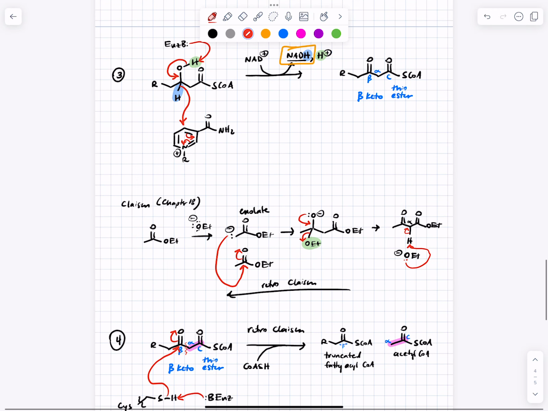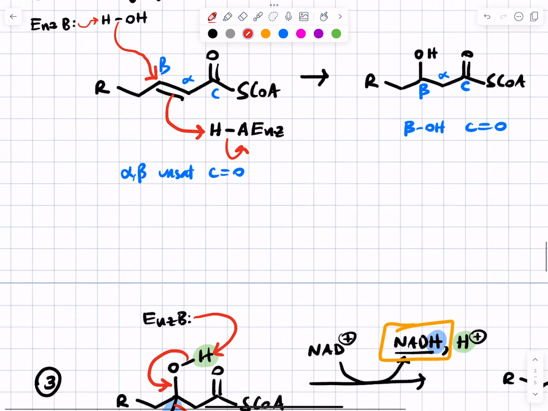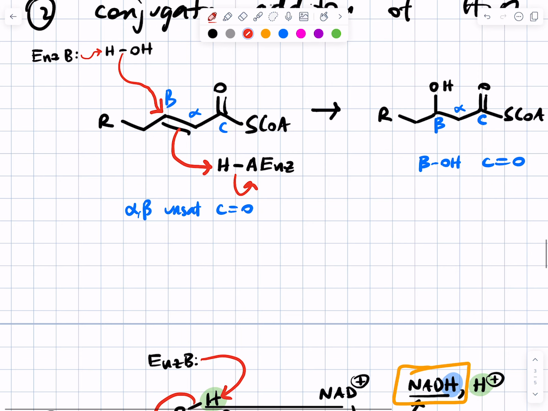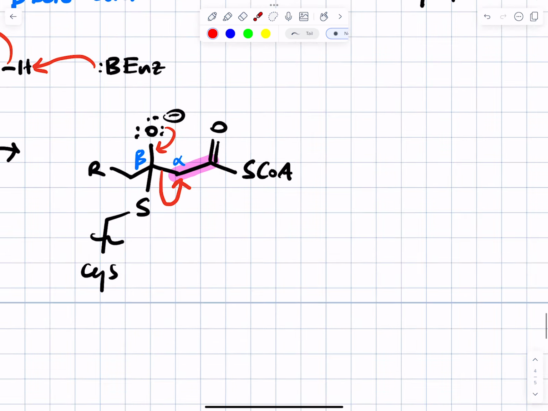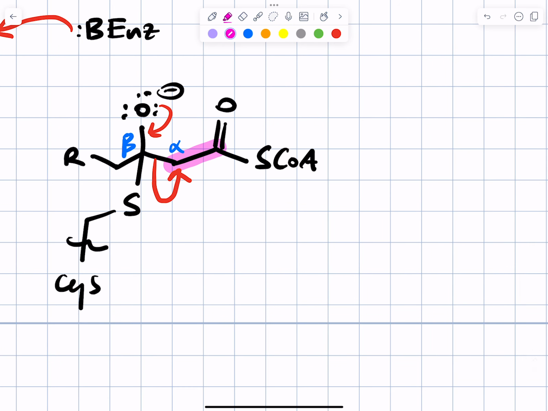Now, we're going to do what we did for the conjugate addition step, where instead of showing an enolate forming, we're going to have it be protonated by the enzyme active site. As electrons kick down and the enolate leaves, we're going to have it pick up a proton from some side chain in the enzyme active site.